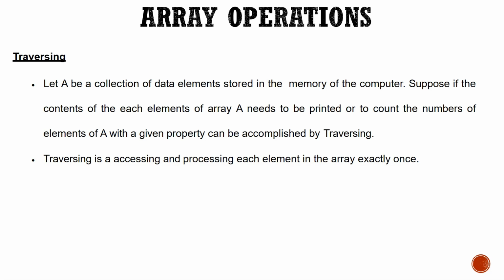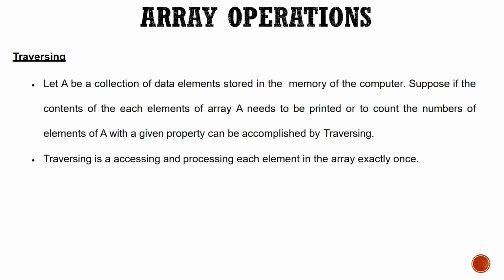If the elements of the array need to be printed or counted, visiting each element exactly once, we call this traversing. That processing may be counting, or we may be printing the elements of the array.